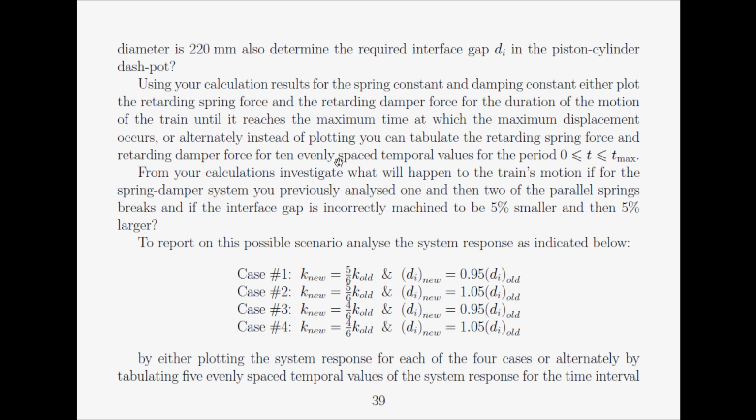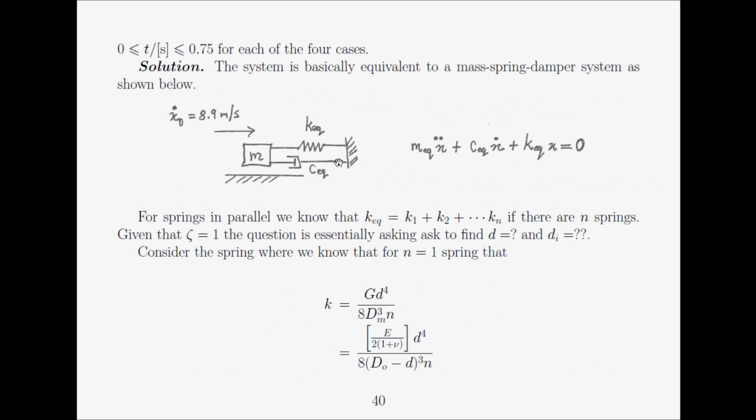So looking at slide number 40, we have basically a train which has a certain mass. The train is moving at a certain velocity, 8.9 meters per second, so many kilometers per hour. The train then impacts on a shock absorber system based on a spring and a damper with certain values. Essentially, we have to work out these values.